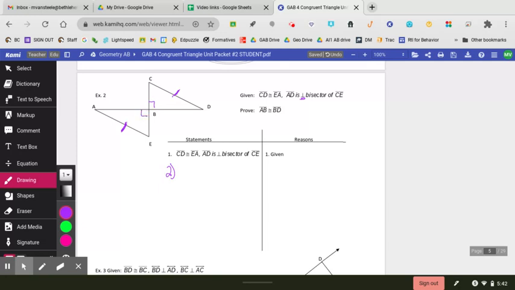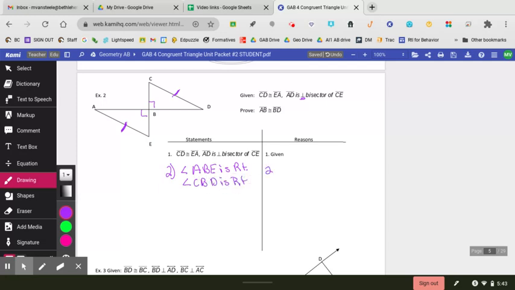So I'm going to say, knowing that those two are both right angles, that triangle ABE, or actually before I say triangle, I have to say the angle because that was given perpendicular. So I can say that angle ABE is right, and the angle CBD is right.